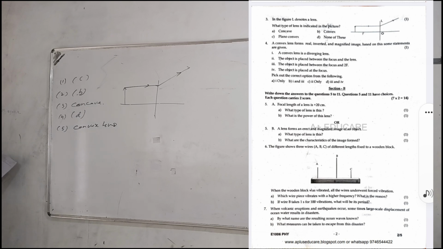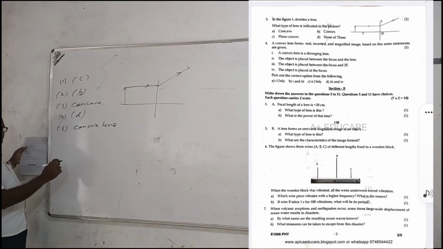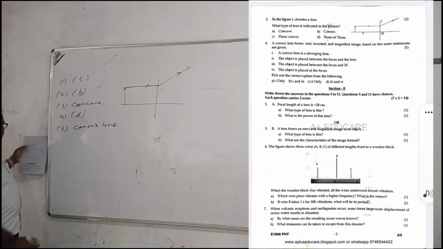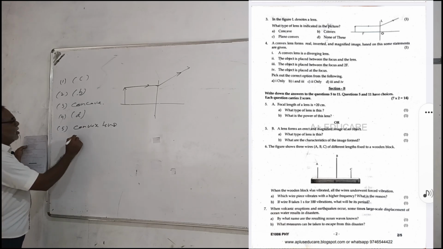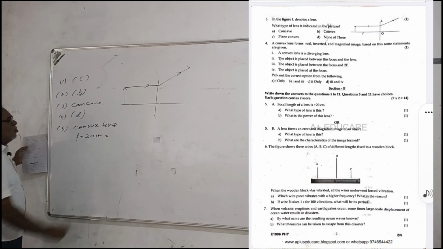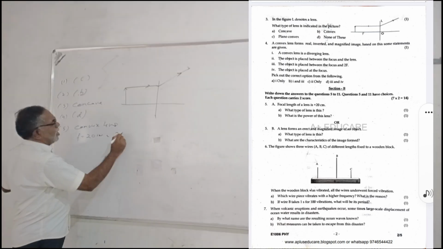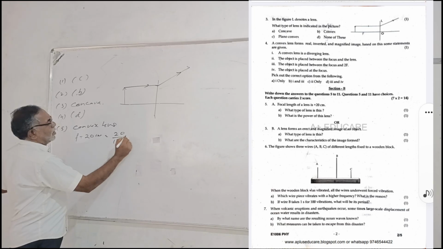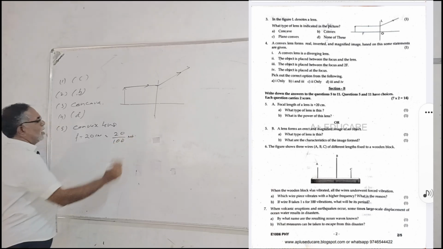Power of the lens is the reciprocal of the focal length in meters. So here the focal length of the lens, F equal to 20 centimeter, is given and converted into meters, 20 divided by 100, that is 0.2 meter.